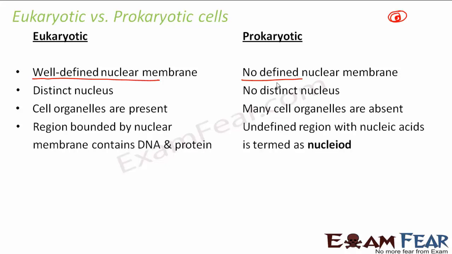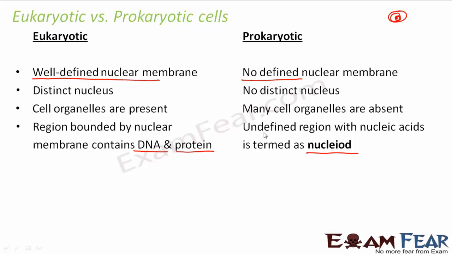In eukaryotic cells, the region bounded by the nuclear membrane contains DNA and protein. As I said, that means inside the nucleus we mainly have DNA and protein. But in prokaryotic cells, there is no specific region, right? The undefined region with nucleic acids is known as the nucleoid, because here the region is like a scattered region.